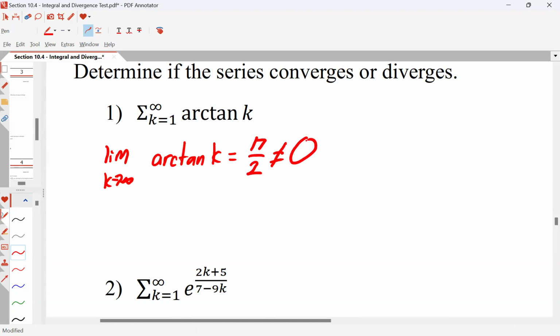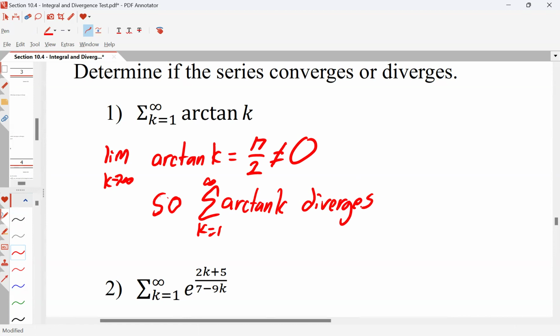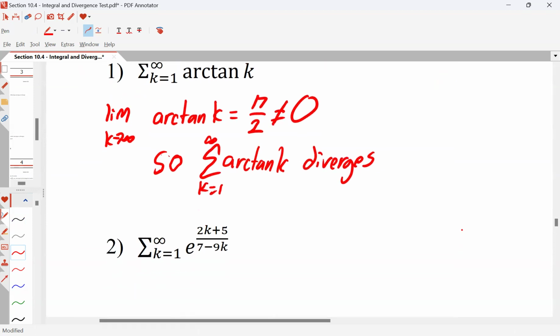That's not 0. So the series diverges. So if that limit is not 0, it has to diverge.